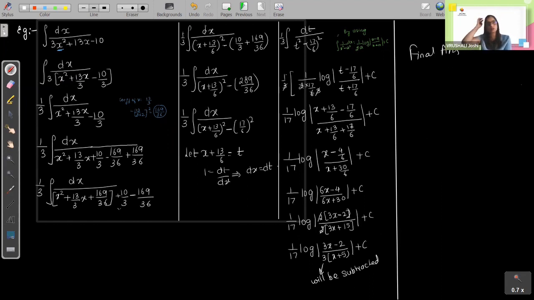Correct? एक constant में से दूसरा constant जब आप minus करते हो तो you get another constant. So ये 3 in the denominator will be removed. That will be 1 by 17 log of modulus 3x minus 2 by x plus 5. कहाँ से? ये will be subtracted from C. So C minus 3 will give you another constant. So that is how it will be there. Correct?